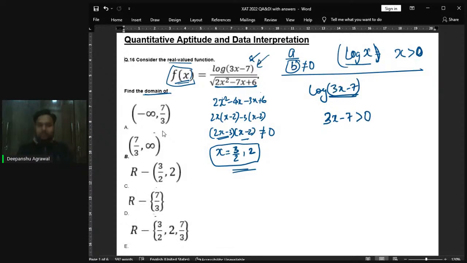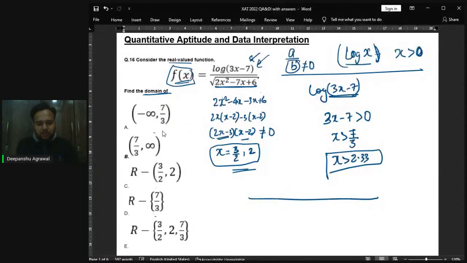Now if 3x minus 7 is greater than 0, x should be greater than 7 by 3, so that means x should be greater than 2.33. Right. Now see, if we look at this closely, the numerator says that x should be greater than 2.33.